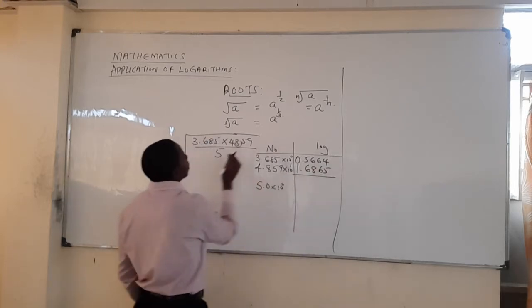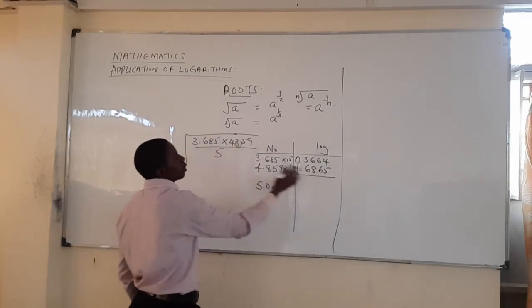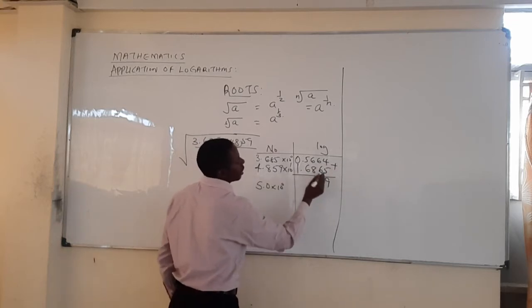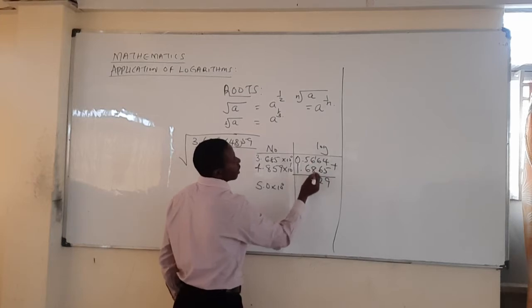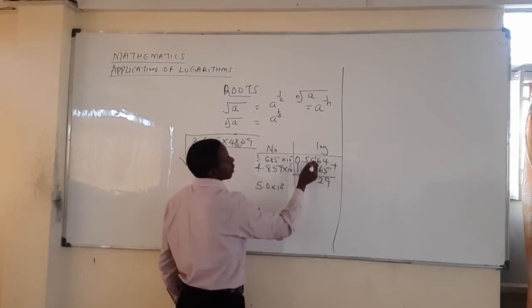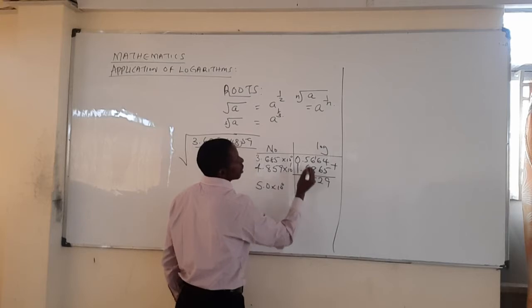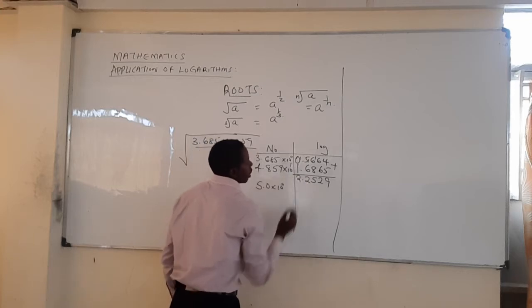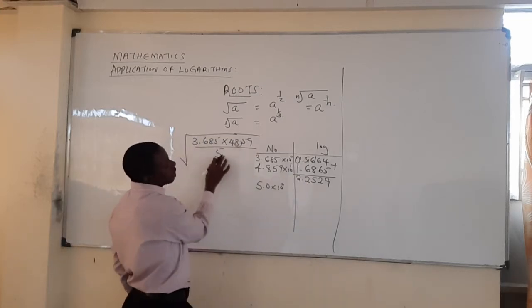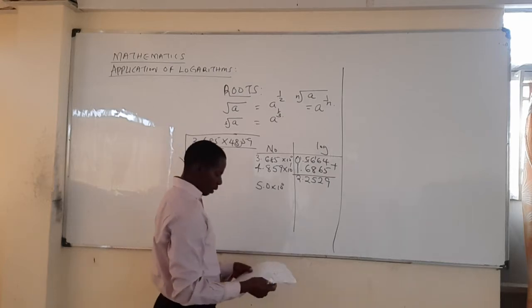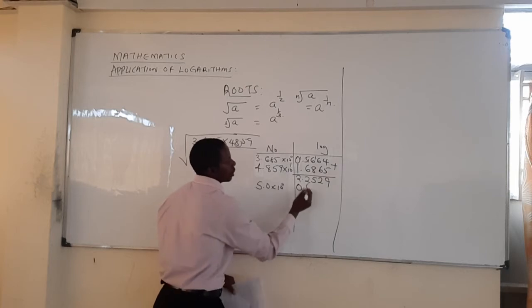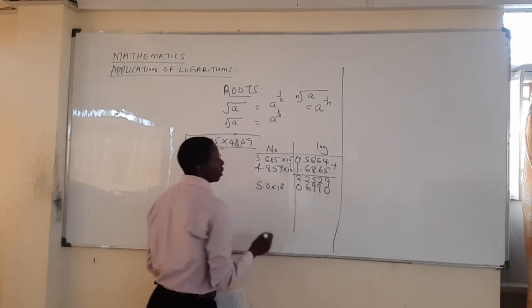Then the numerator, we are multiplying them, so on the log side we add. So you get 5 plus 4, 9; 6 plus 6, 12, carry 1; 8 plus 7, you get 15, plus 1 is 16; 6 plus 6, also 12, with 1 there; 1 plus 1, 2. So that is the numerator. Then we get the log of 5. The log of 5 is 0.6990.